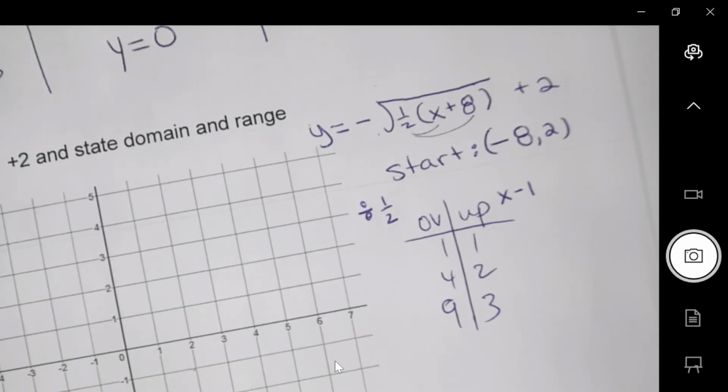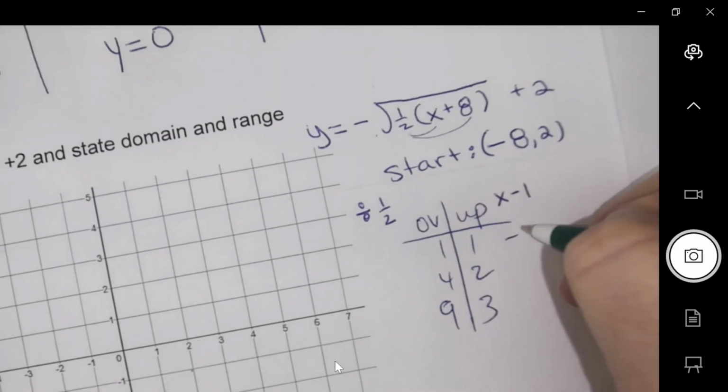Okay, the over is going to get divided by 1/2, and the up is going to be getting times by -1.